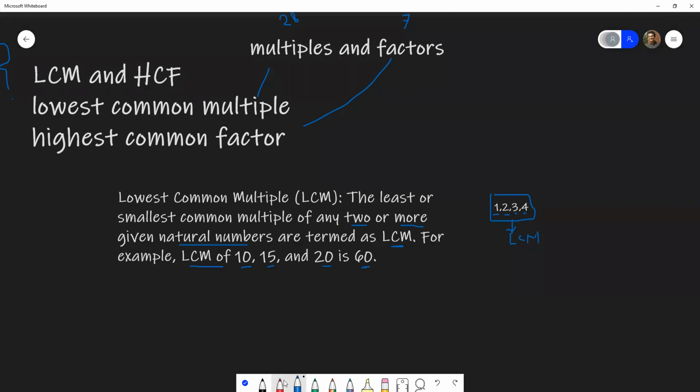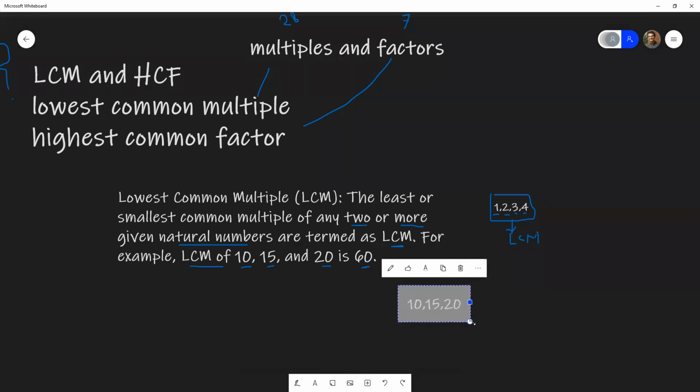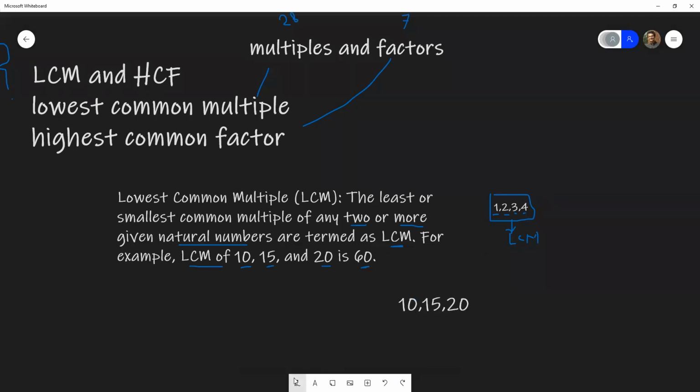For example, let me write 10, 15, 20, and I'll make it a little larger. I do this here.